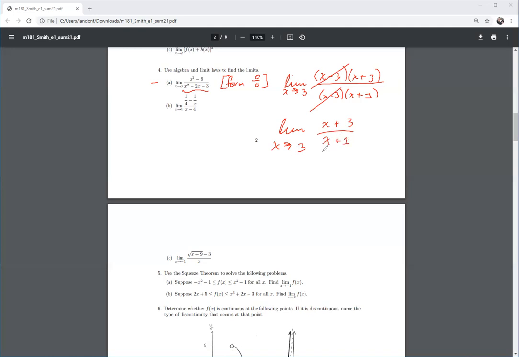All right, so what do you think we should do from here? So I plugged in the 3 here, but I think maybe that's where I went wrong. I'm not sure. Let's see. So generally, if you can plug in a 3, there are no weird indeterminate forms. The indeterminate forms that come to mind are 0 over 0, 0 to the power of 0, and then maybe infinity minus infinity or infinity over infinity.